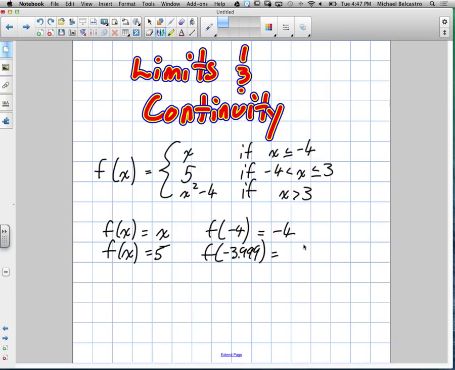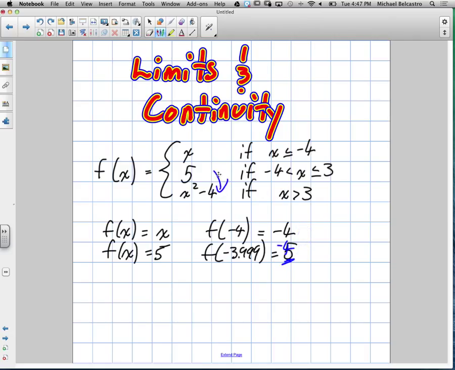And do you know what it would equal? Because the function is 5, it just equals 5. There's no change. So already, it's very obvious to tell that this is discontinuous. These two are not connected because we were looking for a value of essentially almost -4 or -4. So these are very disjointed.